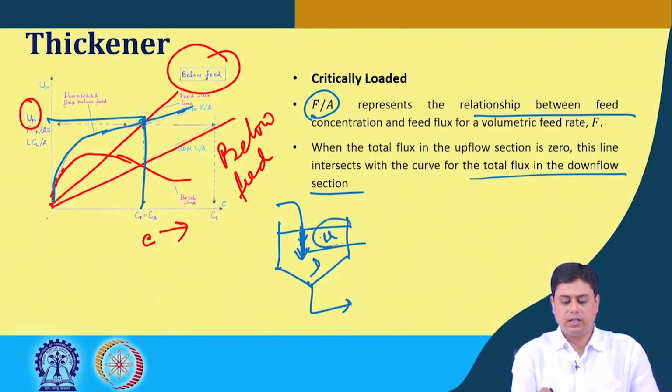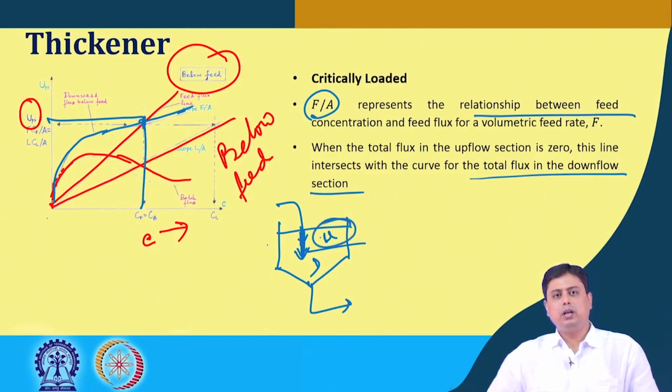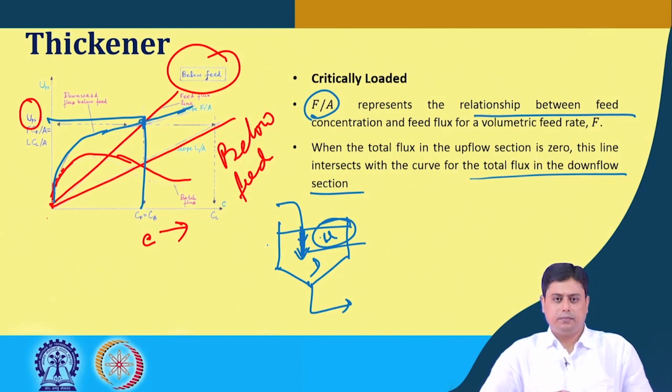This is a critical value above which the thickener will be overloaded, and particles would flow in the upward section as well.